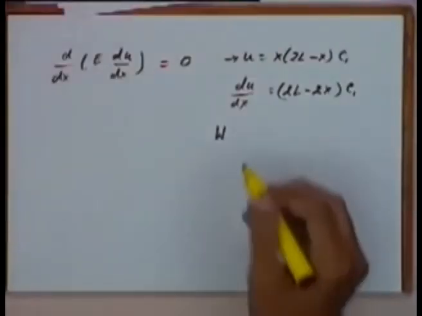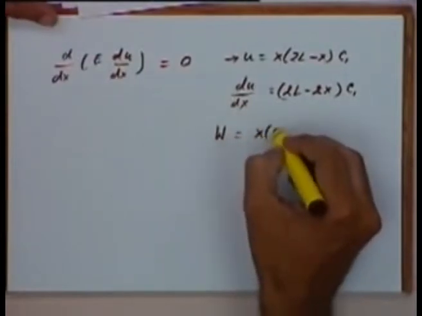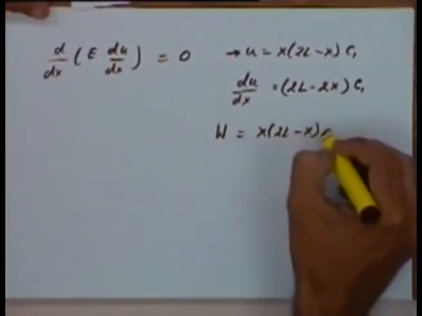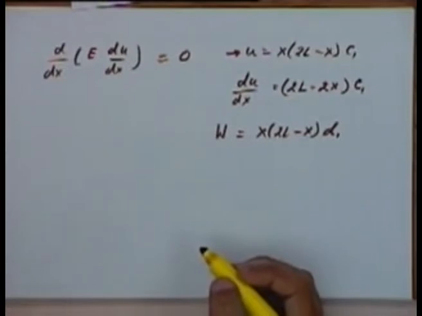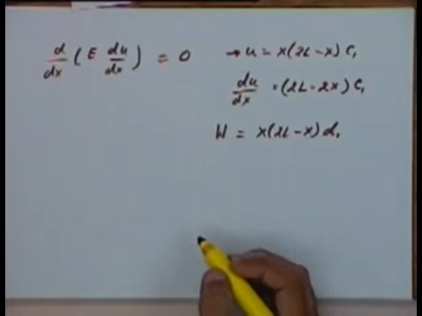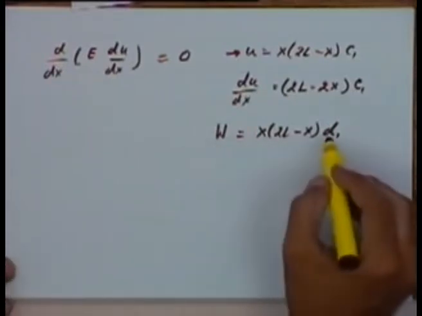So we will take W to be x into 2l minus x multiplied by some other constant d1. So this is the weight field we will take.